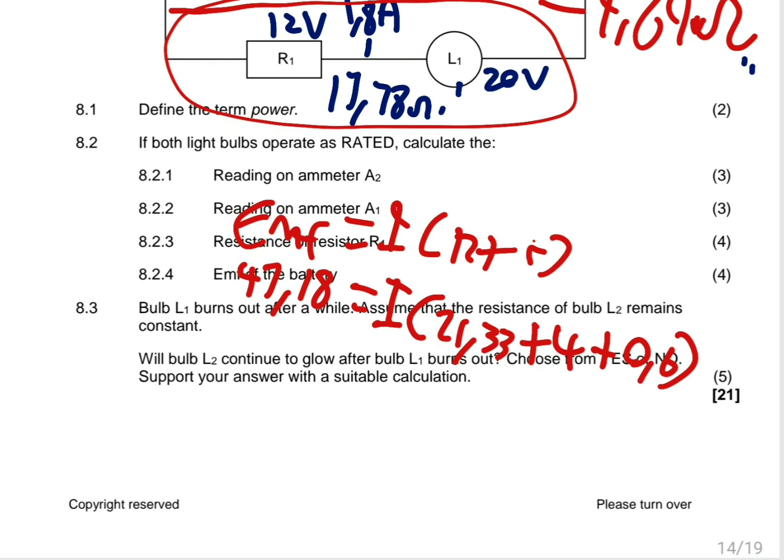That means it will be 47.18 divided by 21.33 plus 4 plus 0.6, so I is going to be 1.82 amperes.